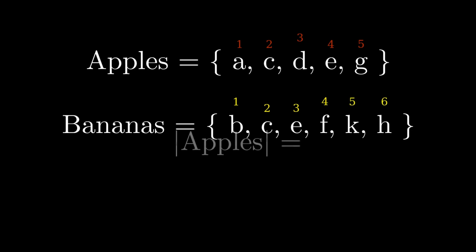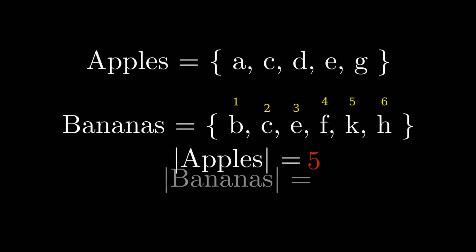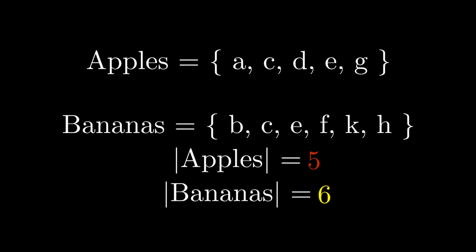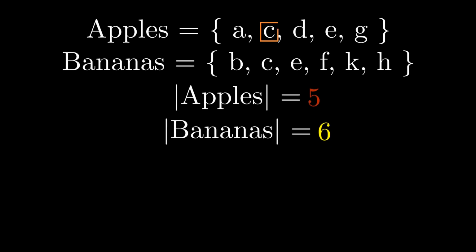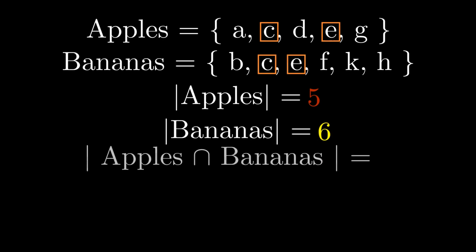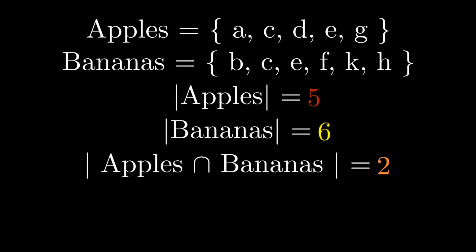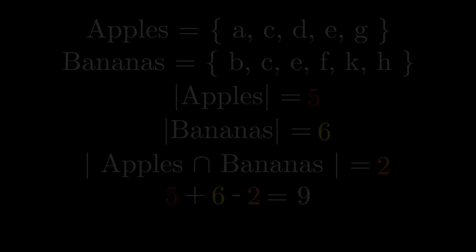So the cardinality of the apples set is 5, and the cardinality of the bananas set is 6. However, we know that there are some people who voted for both, so we subtract the cardinality of the intersection, which is the set CE, giving us 2. So we know that there are 9 unique voters.